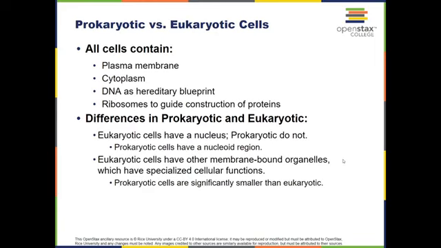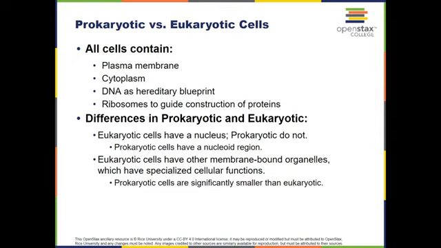Now, if we want to be really general and just say whether you're prokaryotic or eukaryotic, all cells contain these things we can list. All cells have a plasma membrane, a boundary that gives them an inside and outside. All cells have cytoplasm, which consists of at least some organelles and a fluid to hold them in. They have DNA as a hereditary blueprint.